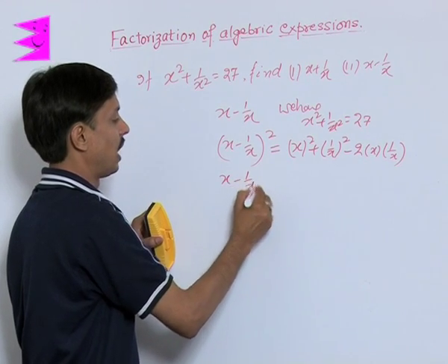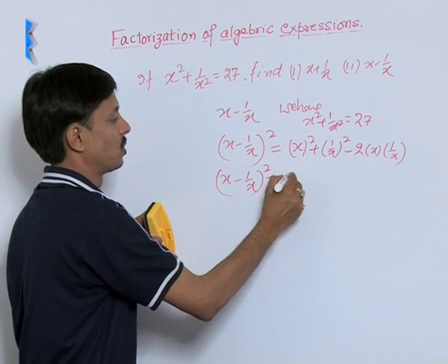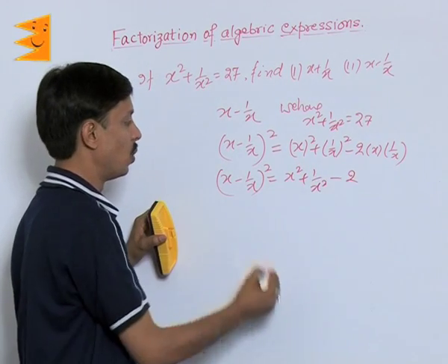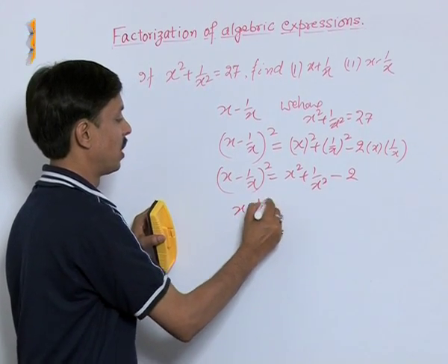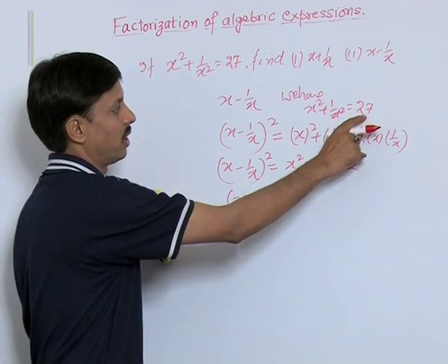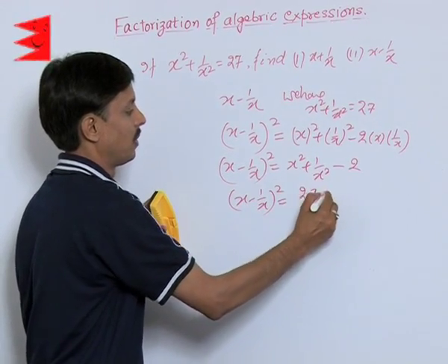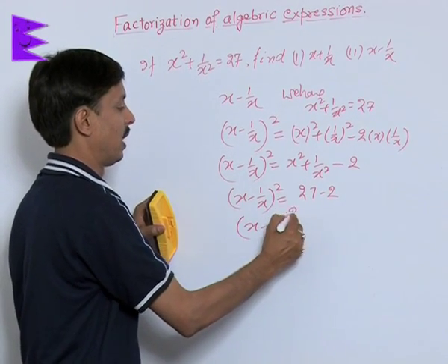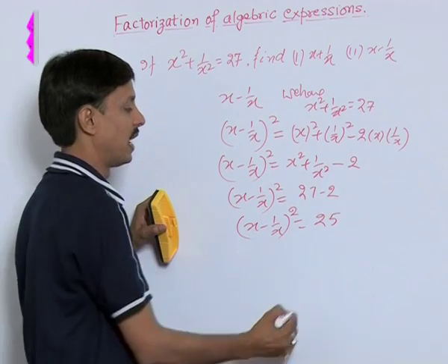This becomes x minus 1 upon x whole square is equal to x square plus 1 upon x square minus 2. So x minus 1 upon x whole square becomes x square plus 1 upon x square, which is 27, minus 2. This becomes x minus 1 upon x whole square is equal to 25.